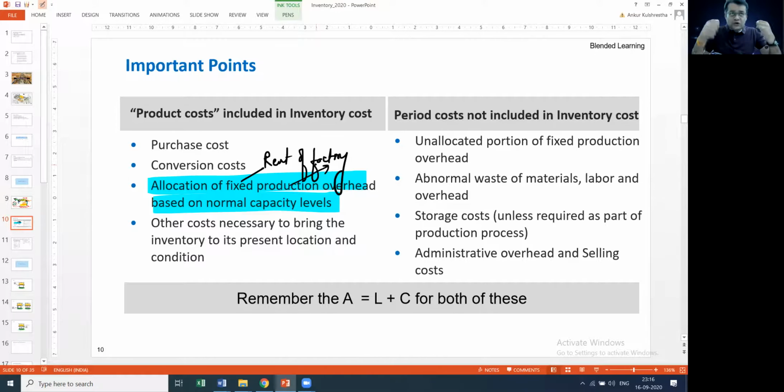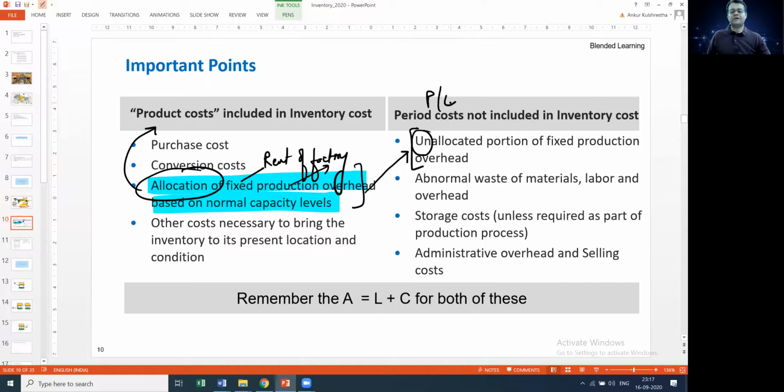Now, would such a cost be part of inventory? A yes and a no. A yes, because it's part of the factory, therefore production process, but a no because it is not related to each specific unit. So what does the rule of accounting say? I'm going to look at it in my live class, and this point is going to be very similar to this point because it says the allocated portion, I'll tell you how to calculate this, will be part of the inventory, whereas unallocated will directly hit the P&L.